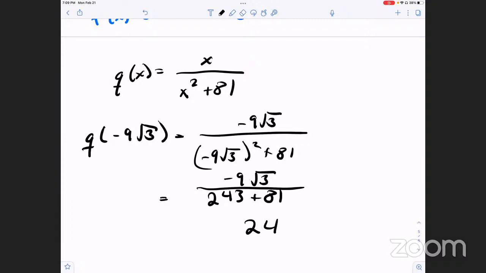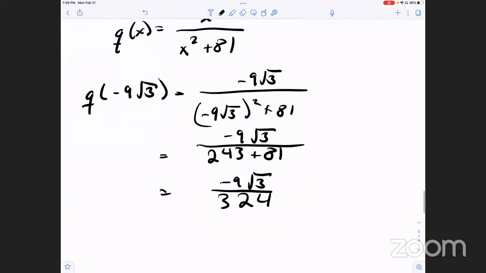Okay, going. 324, right? If 9 by root 3, I think you can divide both of those by 9. I think it goes back to 243. So this is going to be the square root of 3 over 243.